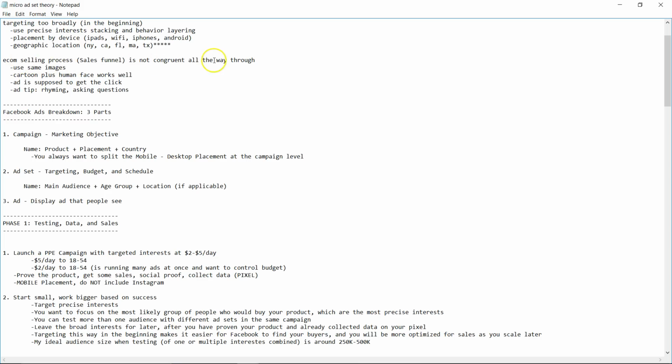The e-com selling process is not congruent all the way through, and I'm going to update this right now and say just the selling process in general. I mean, e-commerce is anything you're doing online, but the selling process in general has to be congruent. This is a big mistake people make: they'll put an ad out, but there's no congruency between their ad and their landing page or wherever that ad directs, their product page, their store, their website, and then you lose it.